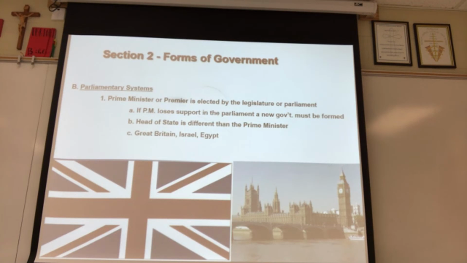Okay, John Locke, English philosopher. Believed in natural rights. Natural rights. Objective truth.